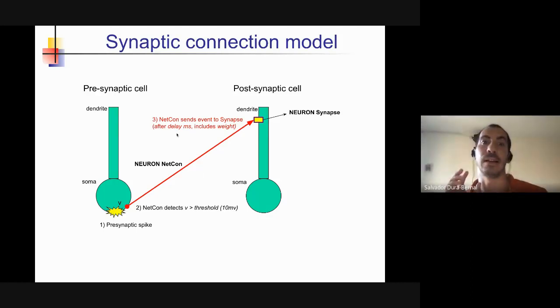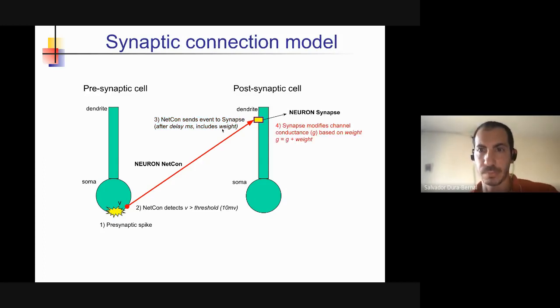It will send this event to make sure it reaches the postsynaptic side after the delay that was established in the NetCon. And this event will include some information, which is the weight or the strength of the connection. On the postsynaptic side, once this event is received, it will modify the conductance or do whatever other complicated thing the mod file we're using is implementing.